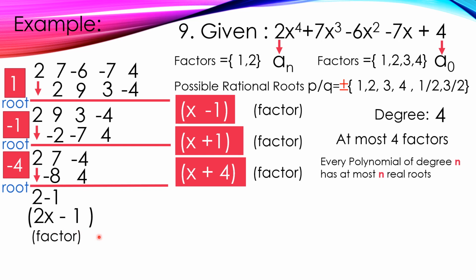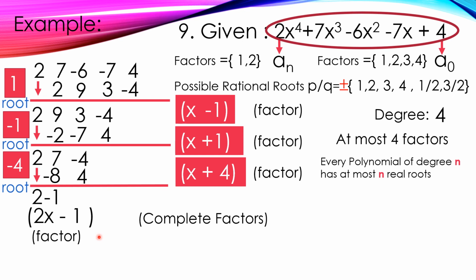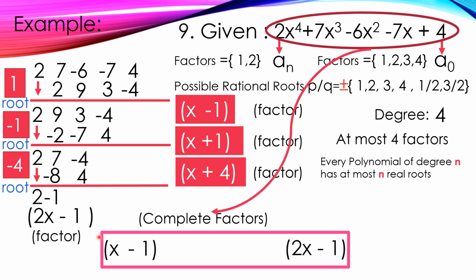So we can say that 2x minus 1 is one of the factors of the given polynomial. So therefore, the complete factors of 2x to the fourth plus 7x cubed minus 6x squared minus 7x plus 4 is 2x minus 1, x minus 1, x plus 1, and x plus 4. Okay? So as you can see, there are 4 factors because the highest exponent or the degree of the given polynomial is 4.